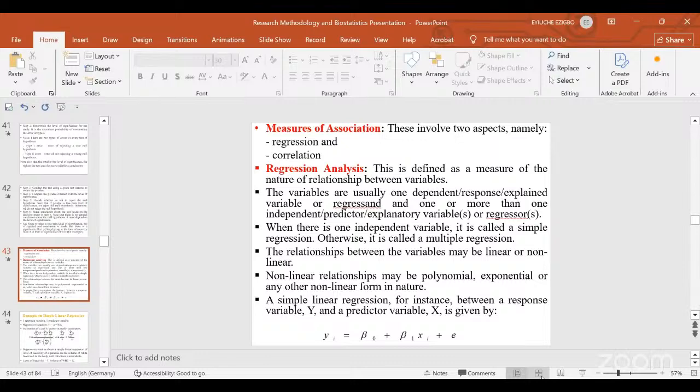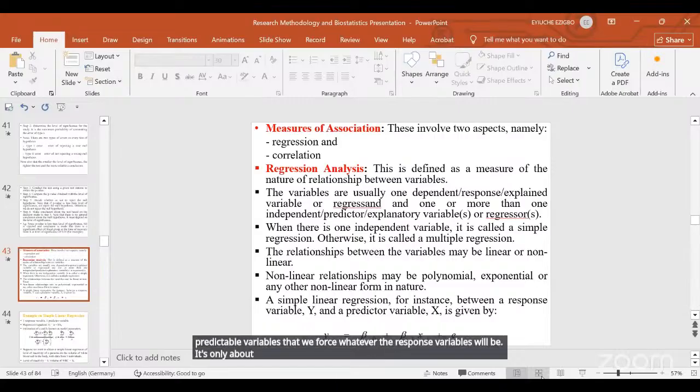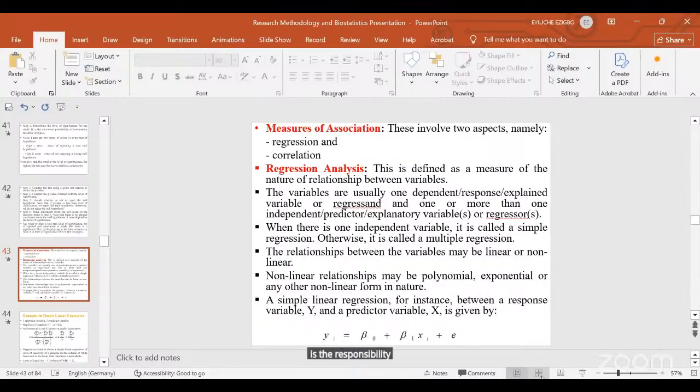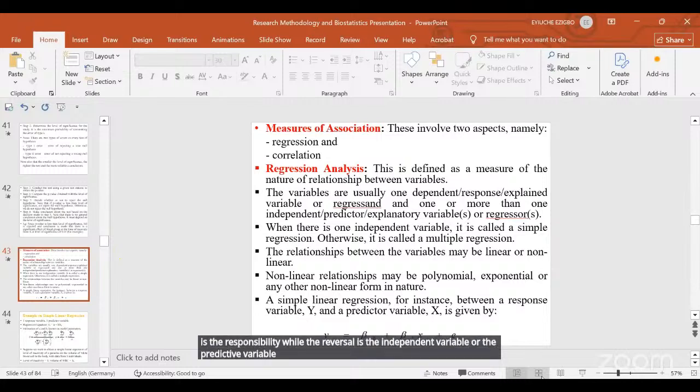Okay, you are correct. Sorry about that. The regressand is the response variable, while the regressor is the independent variable, or the predictor variable, or the explanatory variable.